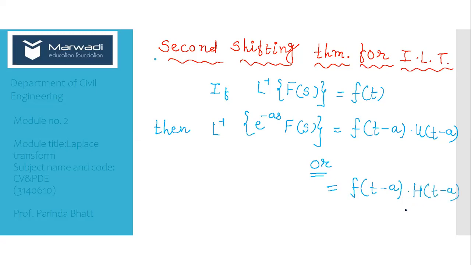H stands for Heaviside and U stands for the unit step function. Everyone, quickly note it down: Laplace inverse F(s) equal to f(t), and Laplace inverse of e raised to minus as F(s) is equal to f(t minus a) into u(t minus a).